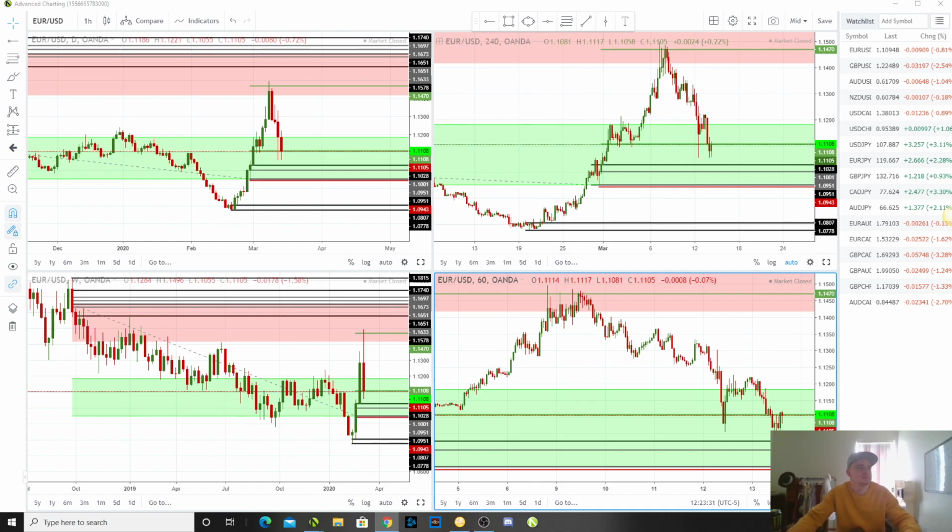Curve long. Alright, so with these trades, these are levels where we think the trend will reverse again and go higher. That's the idea.